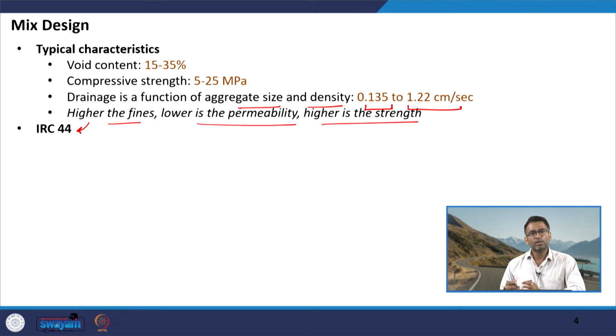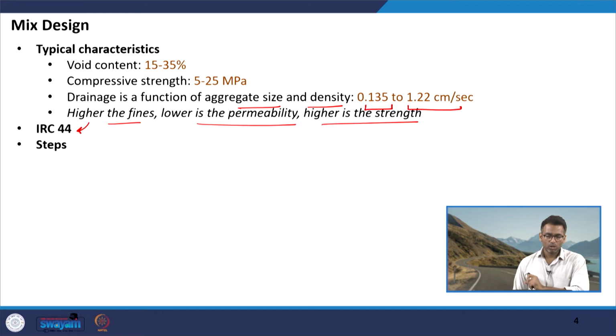Since this is an emerging technology, people are working in parallel around the globe in different countries. At present there are no specific standard guidelines for the mix design of pervious concrete because it is evolving, because there are certain parameters that influence the properties, and these parameters need to be optimized, and people consider this optimization in different ways.